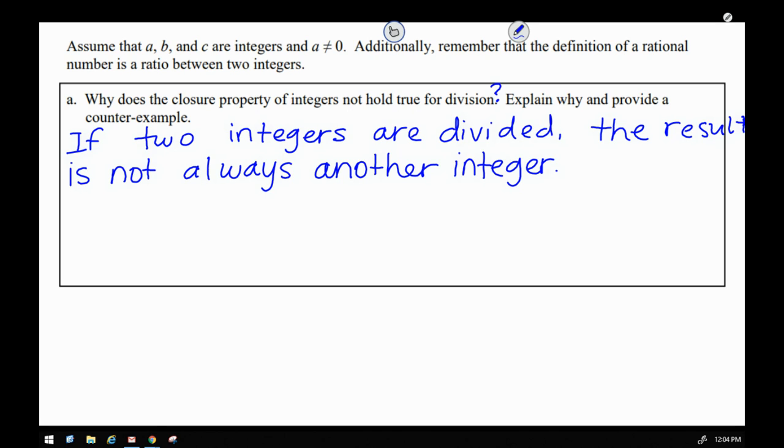Because that's the essential meaning of what closure is, right? So I've explained why the closure property of integers does not hold true for division.